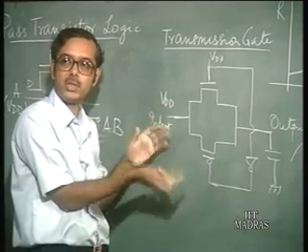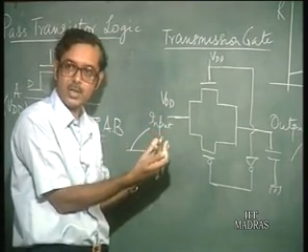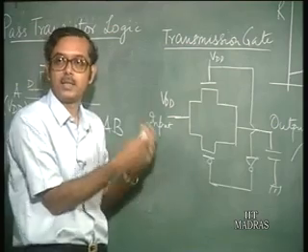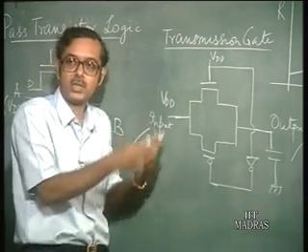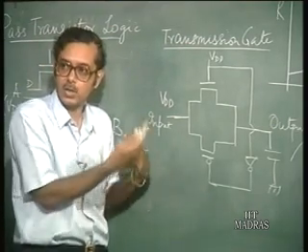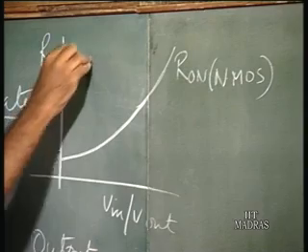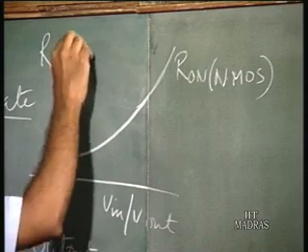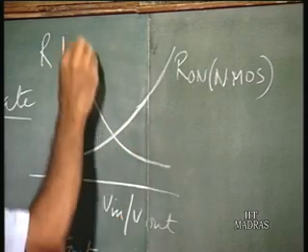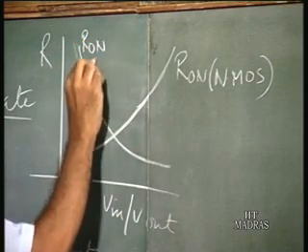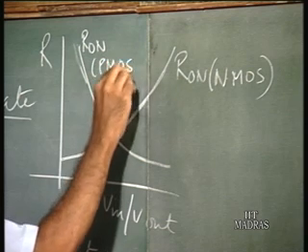So, for the PMOS, since the gate to source voltage is becoming more and more negative, the resistance is falling. So, if you plot that for the PMOS, you will have something like this, R on for the PMOS.